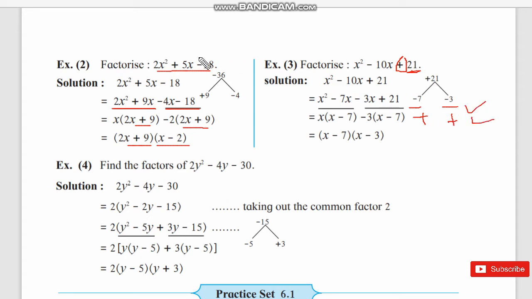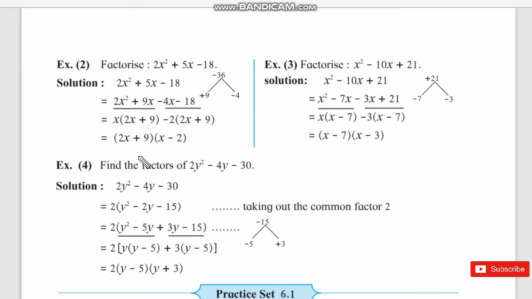If the third term is negative, then the factors must be one positive and one negative. This is the condition. And what is the second condition? If the middle term is negative, then the bigger number is negative, and if the middle term is positive, the bigger number is positive. These are some conditions to verify or identify what the factors are.